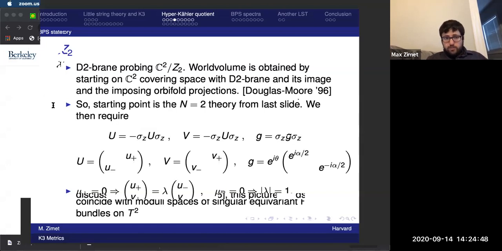Okay, so now I want to review the formalism for studying D-branes probing orbifolds. In the physics literature, this was worked out by Douglas and Moore. In the math literature, this paper was translating the work of Kronheimer from the math literature.